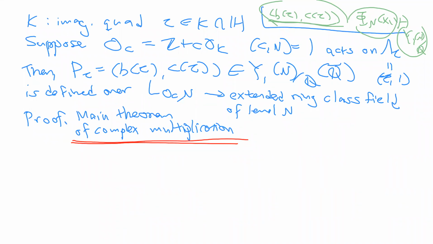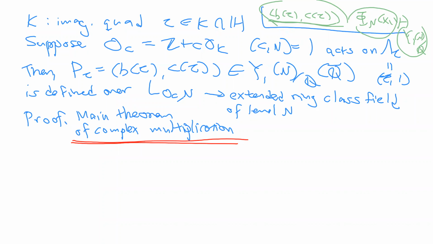Again, I don't know whether you can use the Shimura reciprocity law, even though we mentioned in the paper that you can probably use it, but we don't actually know. We used the main theorem of complex multiplication and nothing else.